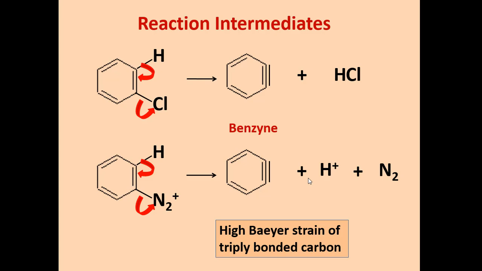In the case of benzyne, you have an octet already around the triply bonded carbon atoms because you have 4 bonds. But there is a lot of strain in the bond due to the change in bond angle from 180 to less than 180. And it will get converted to a product where the strain is removed.